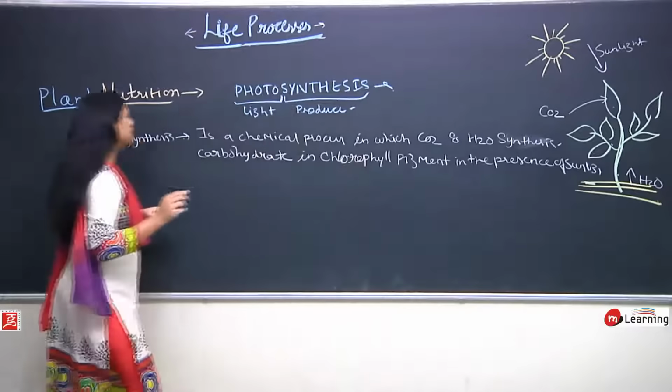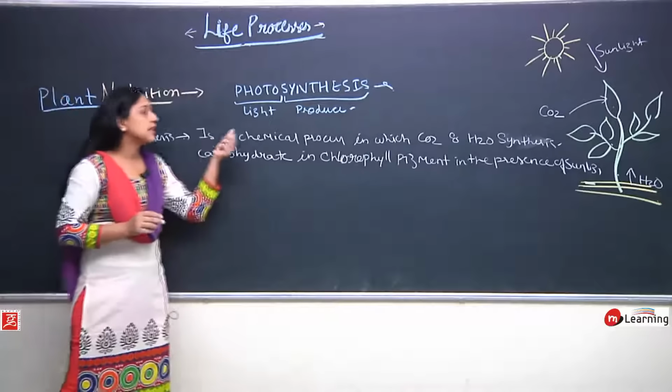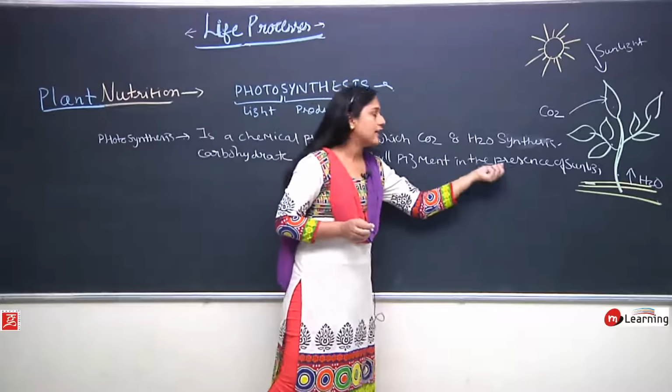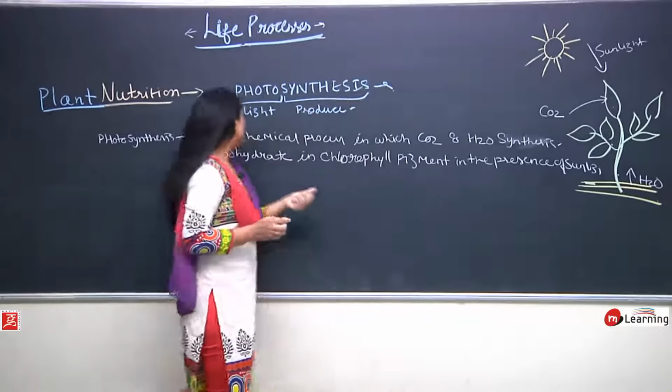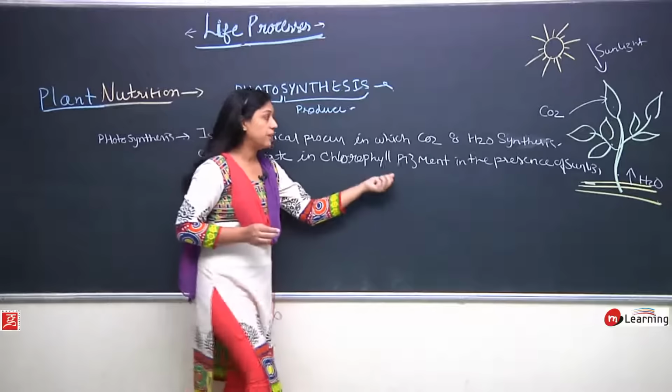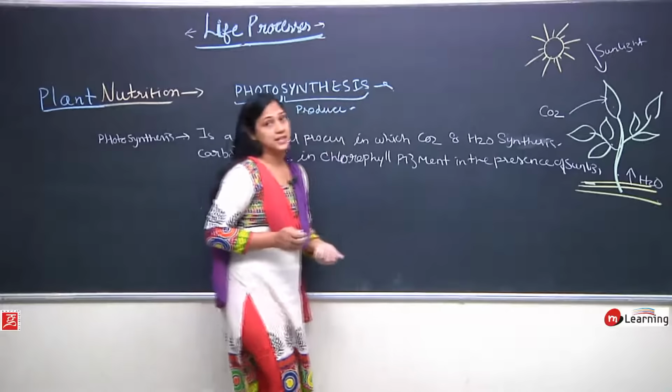Okay, so what is it? Photosynthesis is a chemical process in which carbon dioxide and H2O synthesize carbohydrate in the chlorophyll pigment in the presence of sunlight.